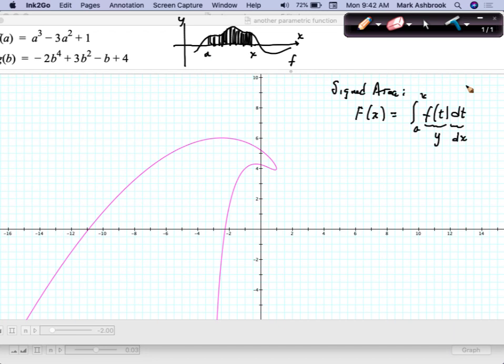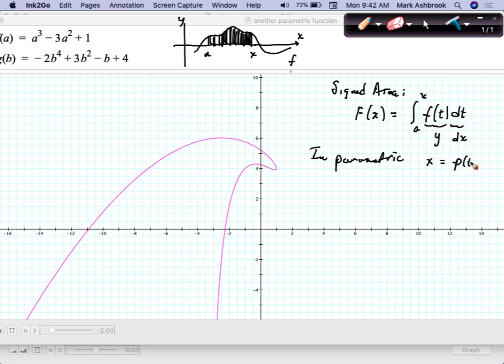Okay, so in parametric, suppose we have x. Now this t is not the parametric variable, right? This t is just any symbol that we choose to be all the values from a to x.